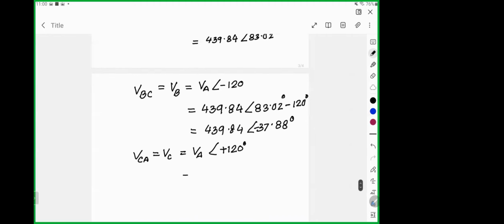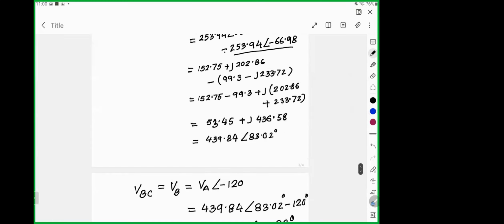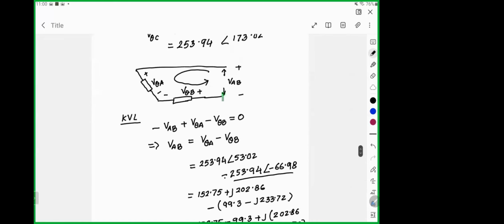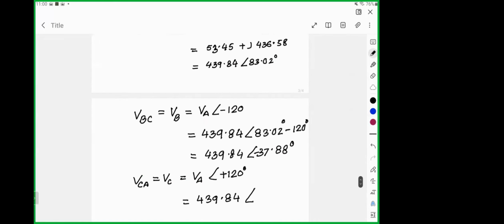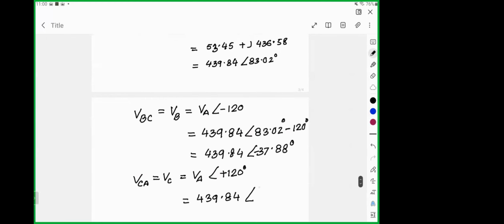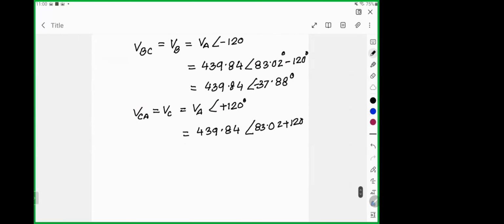So that will give you 439.84, making an angle of 83.02 plus 120, so that is 203.02. All right.